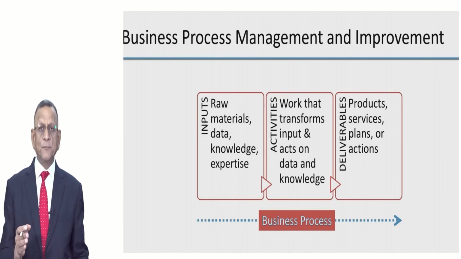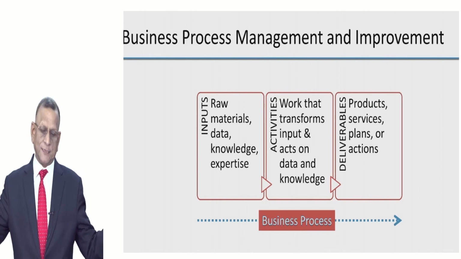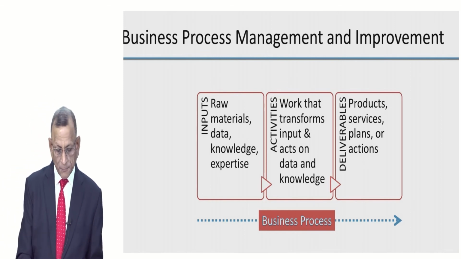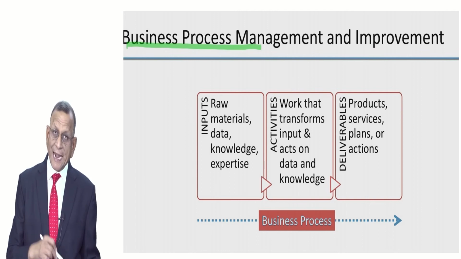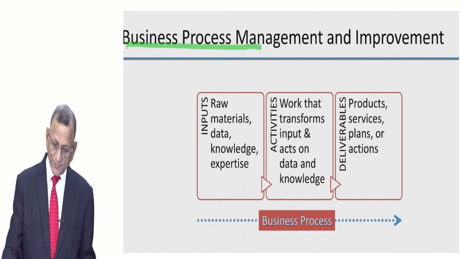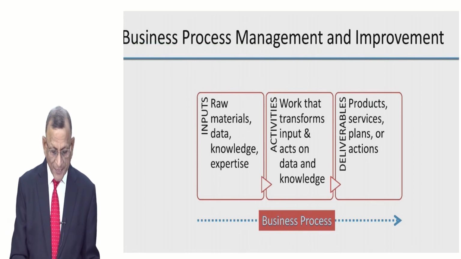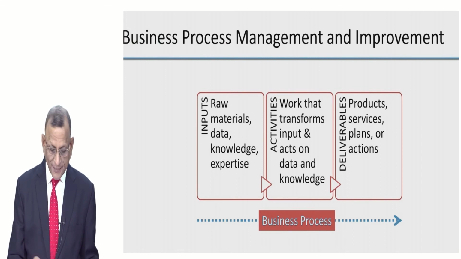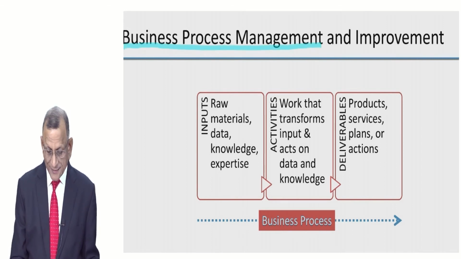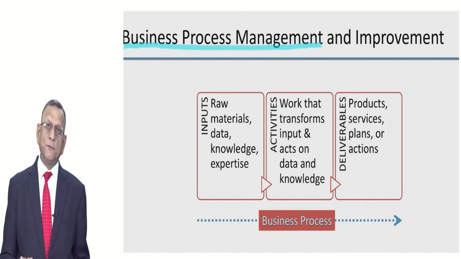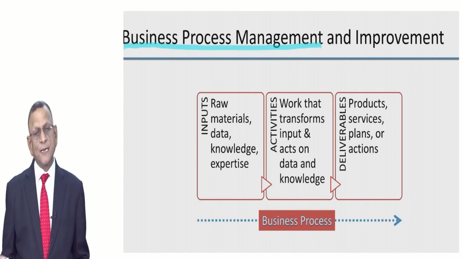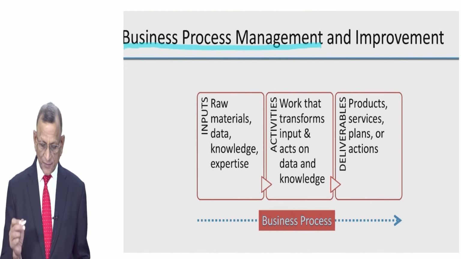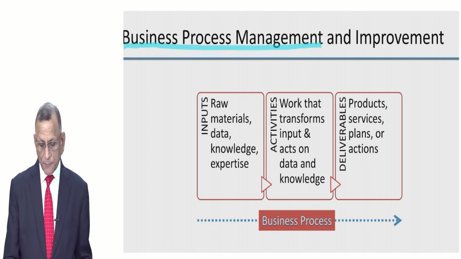So in this manner, we have a series of processes. This is something known as business process. And if we are trying to manage it, then this will be treated as business process management. And if you want to make sure that your things are being done in a better fashion, then it will be business process management and improvement.